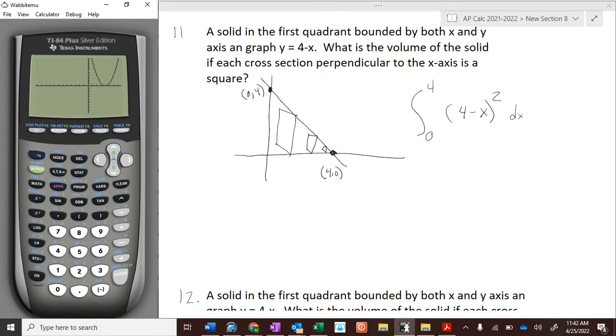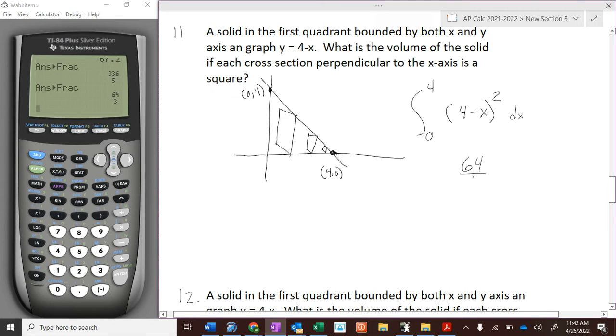And then you go second trace 7 from 0 to 4. And it's 21 and 1/3. And if you say, let me have that in a fraction, please, it's 64 thirds. That's pretty neat. Everybody good with that?